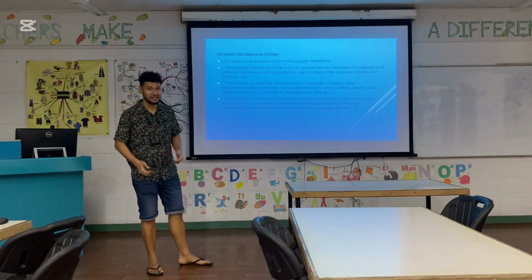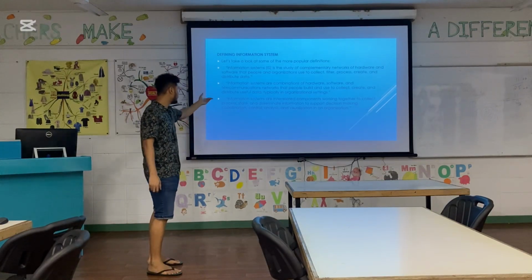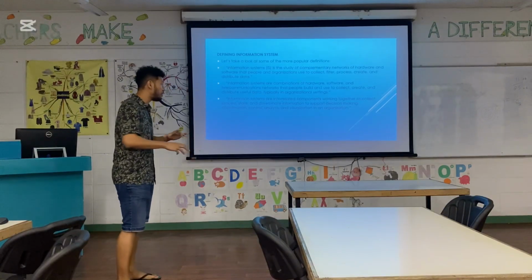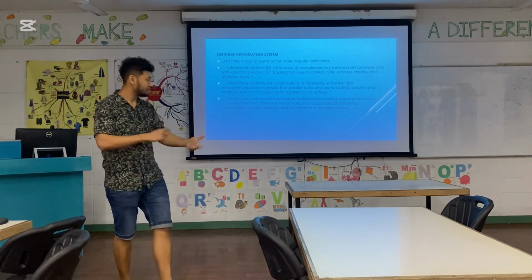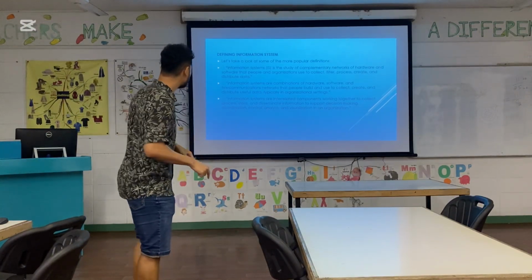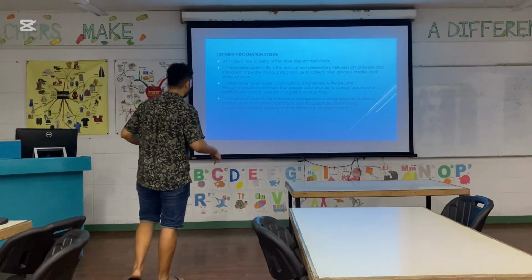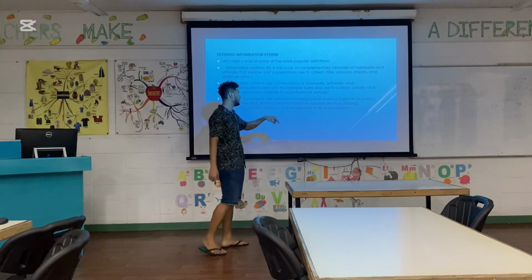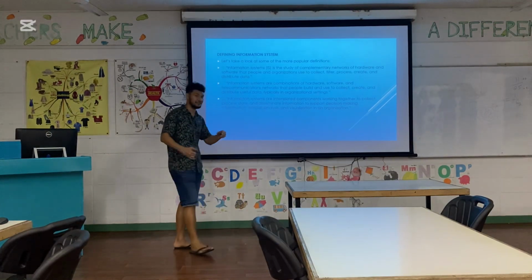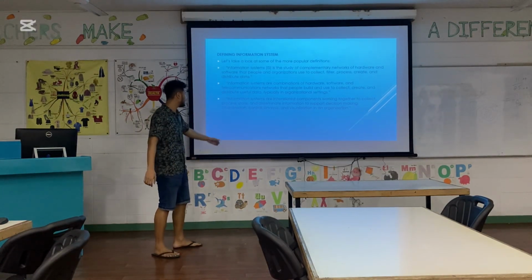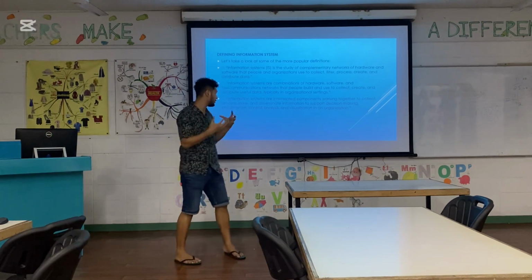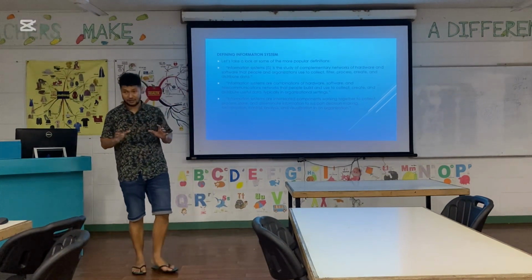So information systems are interrelated components working together to collect, process, store, and disseminate information to support decision making, coordination, control, analysis, and visualization in an organization.